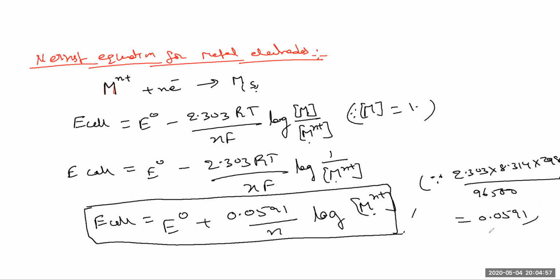But here the denominator n is variable now. n is the number of electrons exchanged between the oxidant and the reductant. Note down.